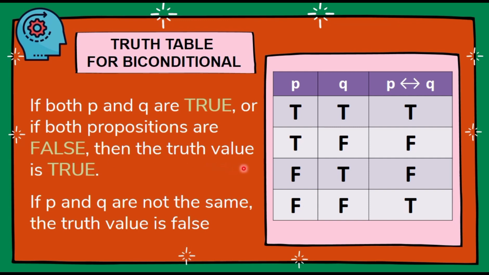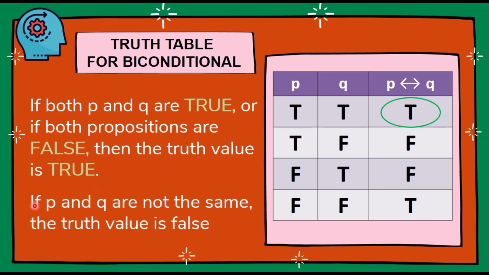So, paano yun? So, we will look at the P and Q, and the rule states that if magkapareho na true at magkapareho na false, the result is true. So, tingnan natin. True, true. So, meaning to say it is true.